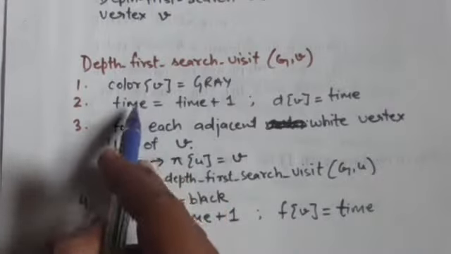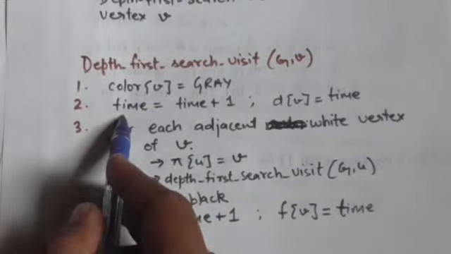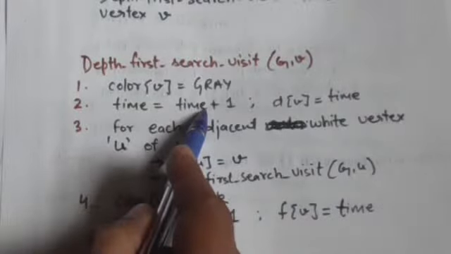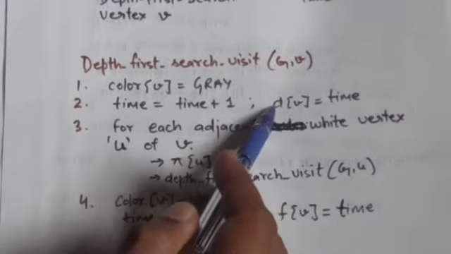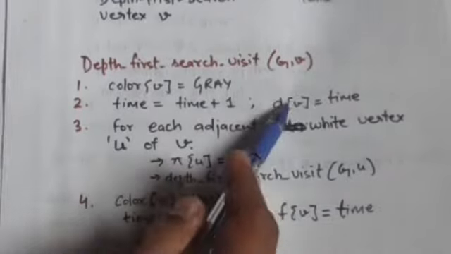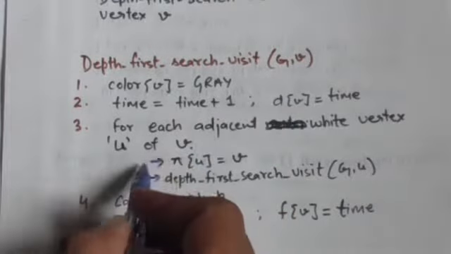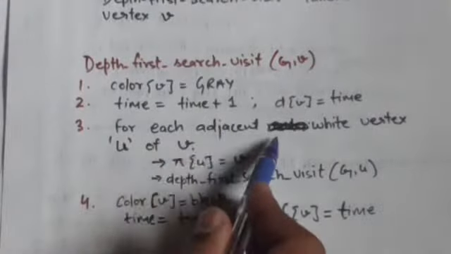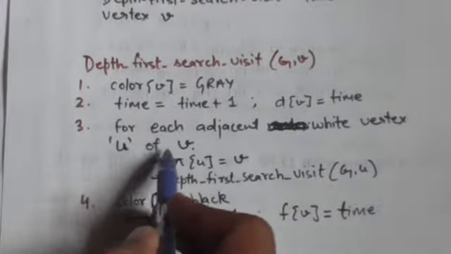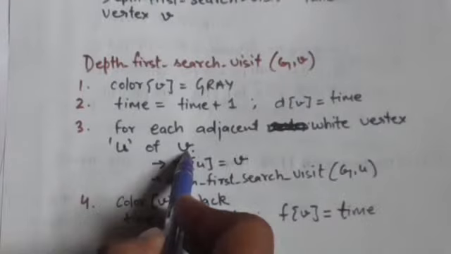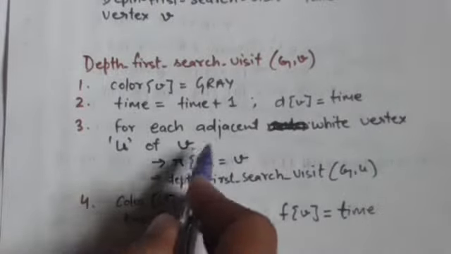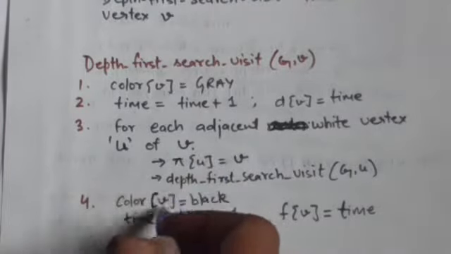Then the value of variable time is increased by 1 and then the discovery time of vertex V is set equal to time, right? And for each adjacent vertex u of vertex v, which is white, vertex v is set as its predecessor, right?